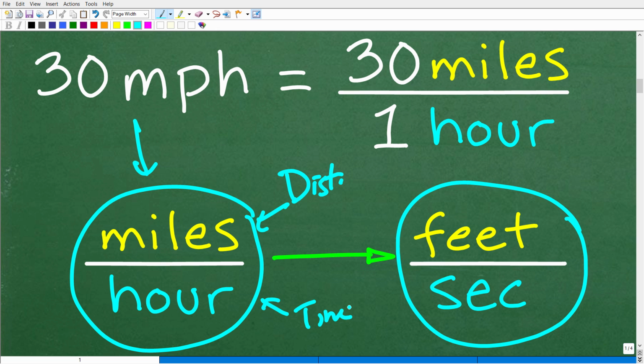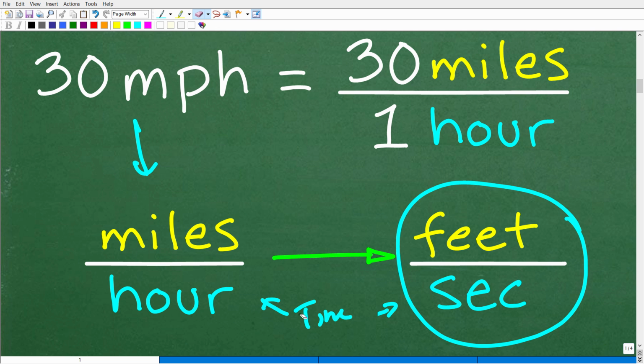Well, I can convert this distance into another distance measure, which of course would be feet. And I can convert hours into another time measurement, which would be seconds, right? So we're not breaking the rate or changing anything. We're just using different units of measure, but we're comparing distance to time.